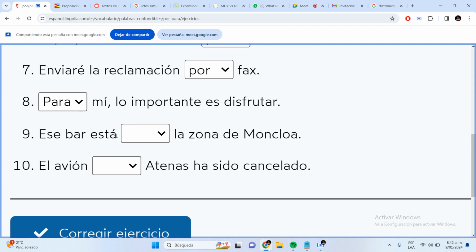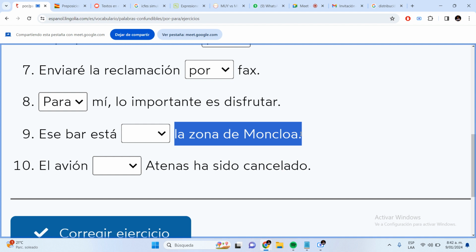Ese bar está por la zona de Moncloa. El avión para Atenas ha sido cancelado.